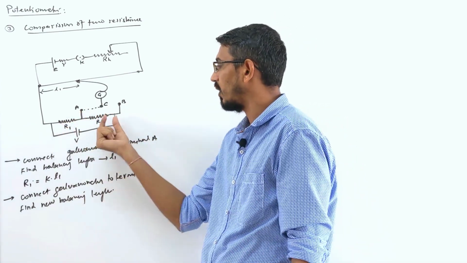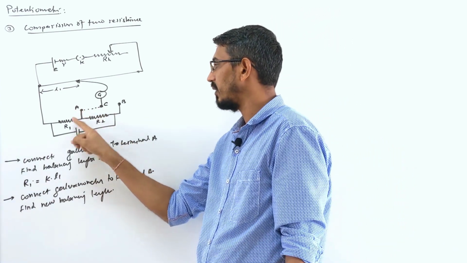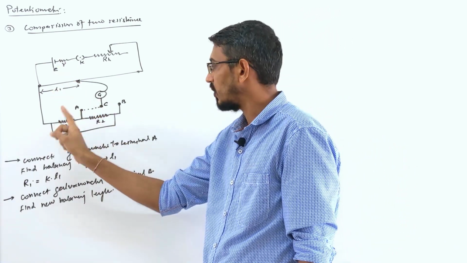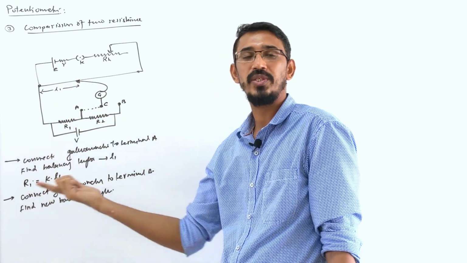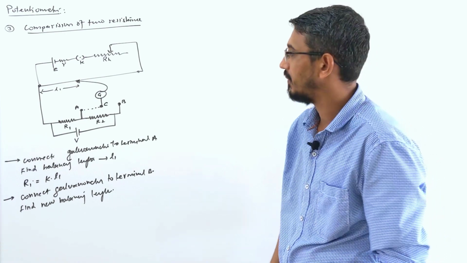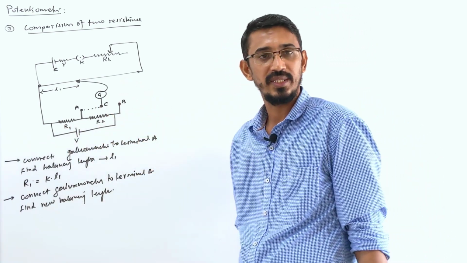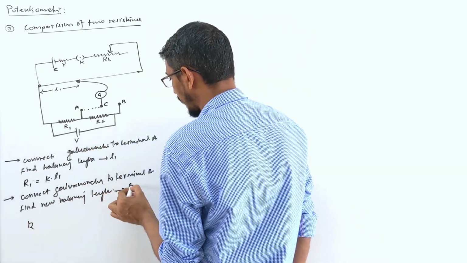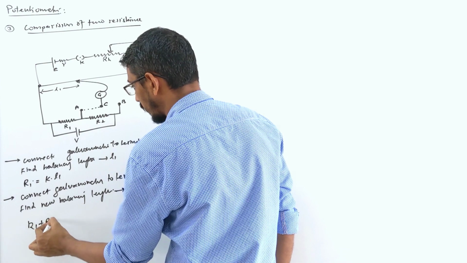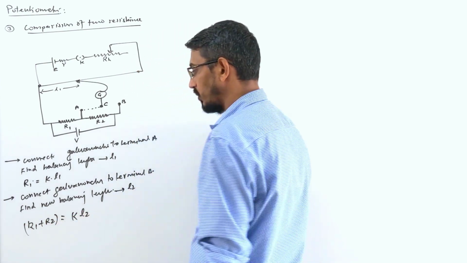Then you see that R1, R2 both are connected in the circuit. When connecting to A terminal, only R1 is connected in the circuit, so R1 is balanced against some length L1. So R1 is simply equal to some constant K into balancing length L1. When connecting terminal B, both resistances R1 and R2 are connected in series. So suppose you find balancing length L2 here, then R1 plus R2, because both resistances are connected in series, equals K into L2. This should be the answer.